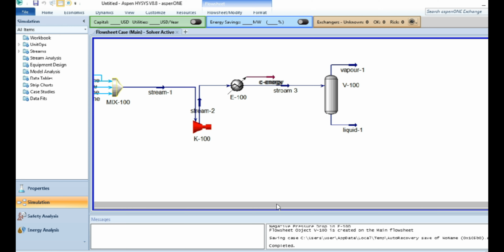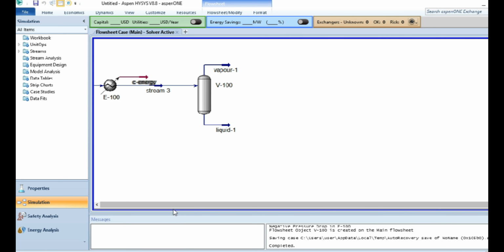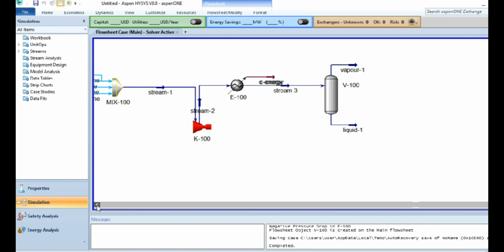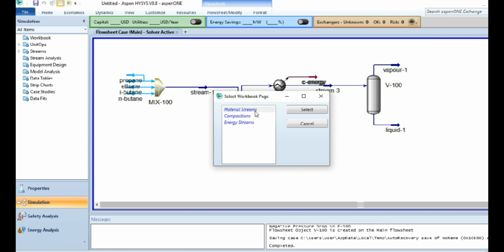Let's say I want to see the composition for the whole material stream. Material stream, then you select.